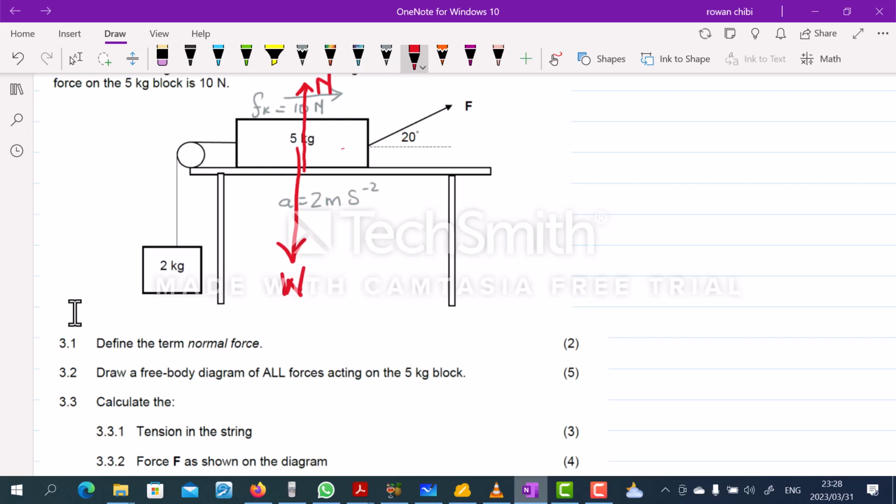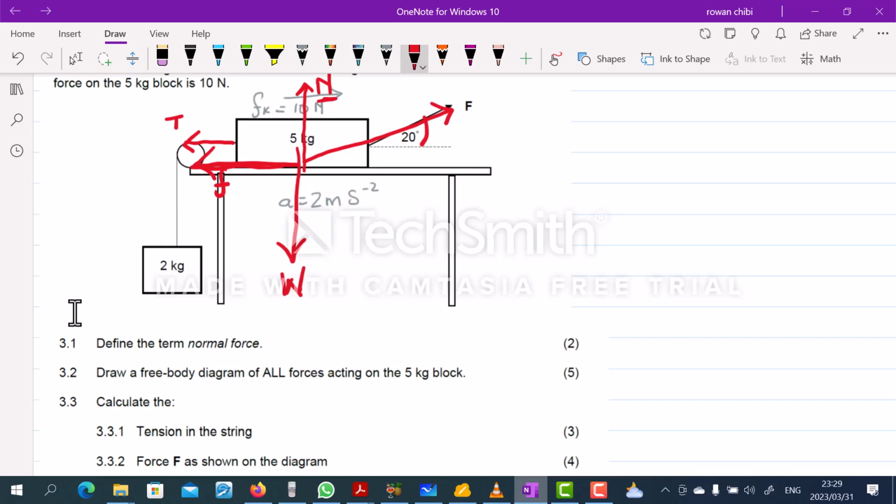Between the block and the table there is a friction. There's also a tension between the 2 kg block and the 5 kg block. And then there is the applied force at an angle of 20 degrees. So we have these 5 forces acting on this block.